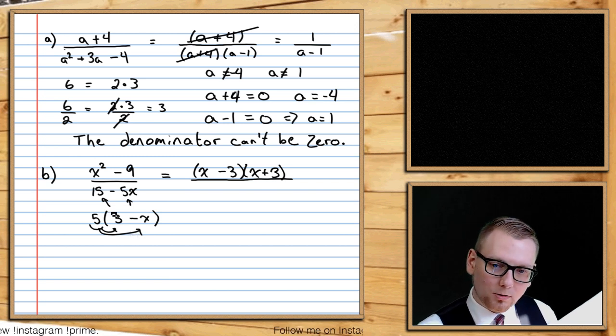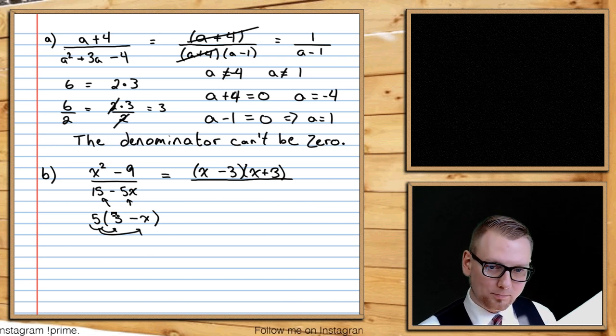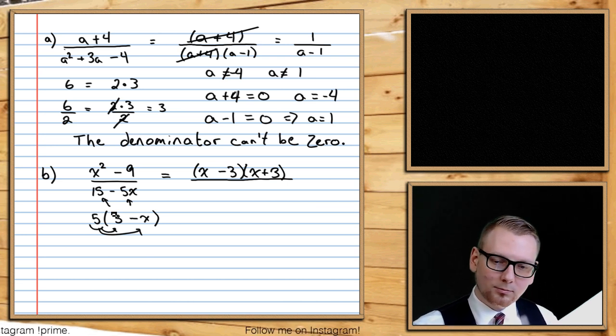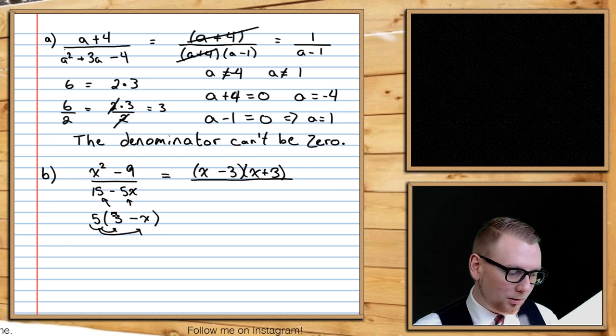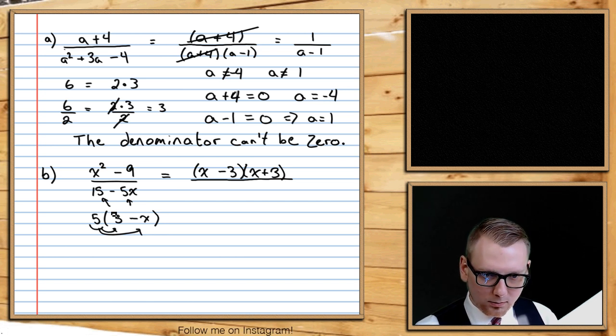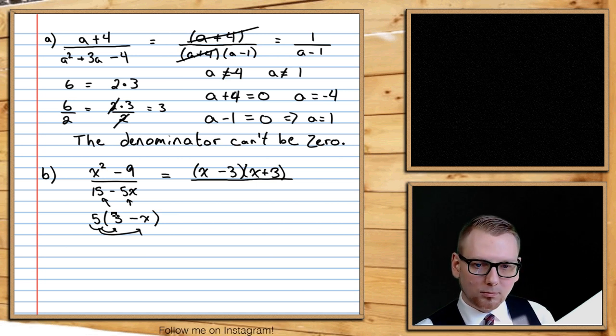You have to be able to come back to where you started, no matter what you do. You might always want to test yourself by re-multiplying back out what you took out.